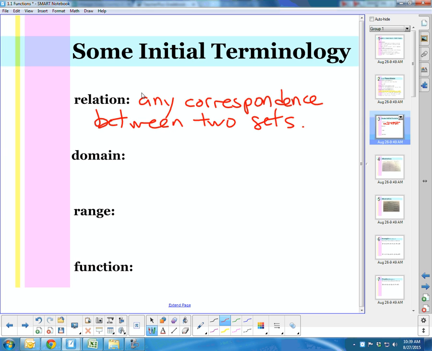The domain is the first set, or what we call the input of a relation or correspondence.